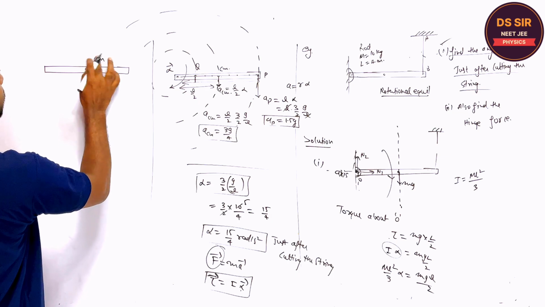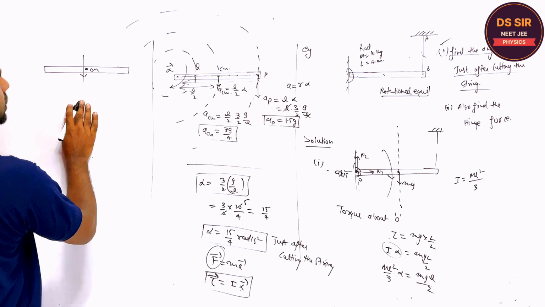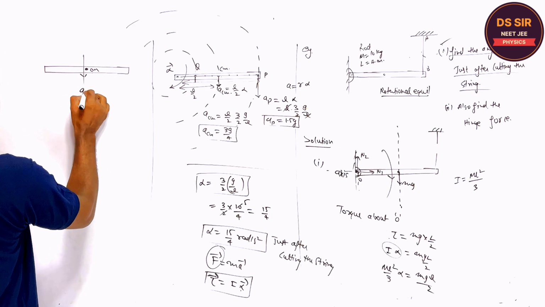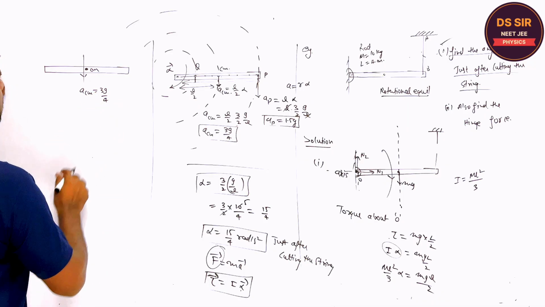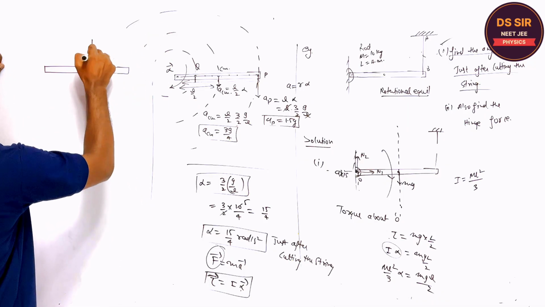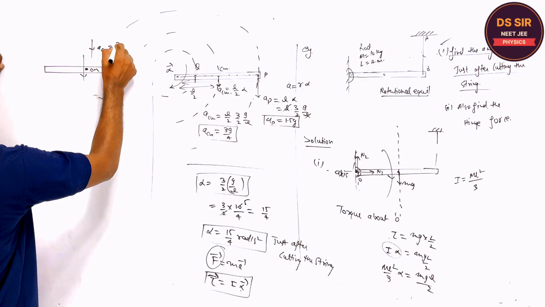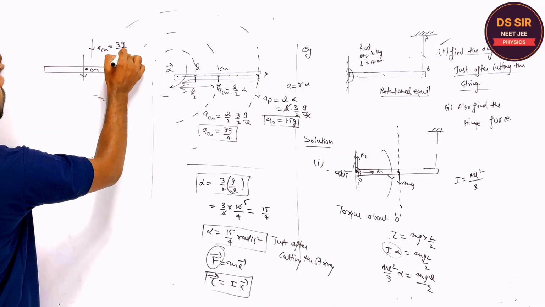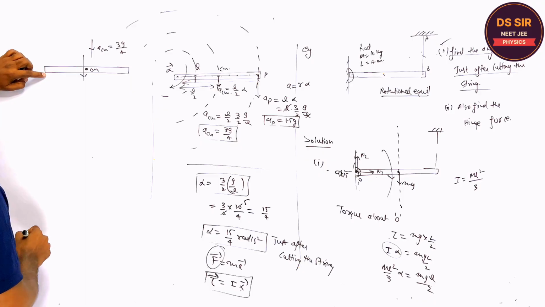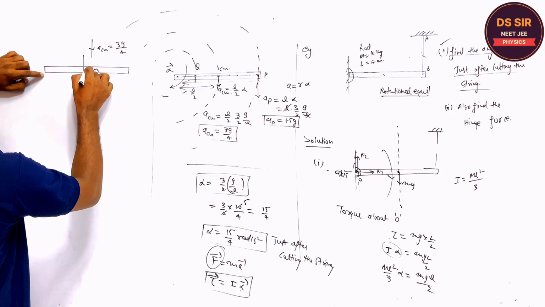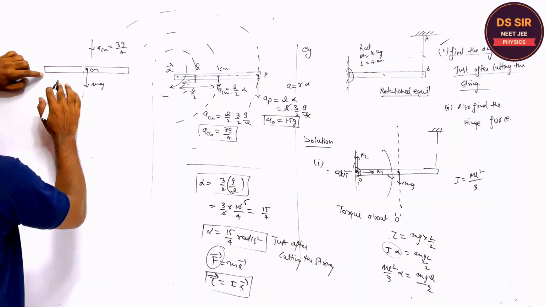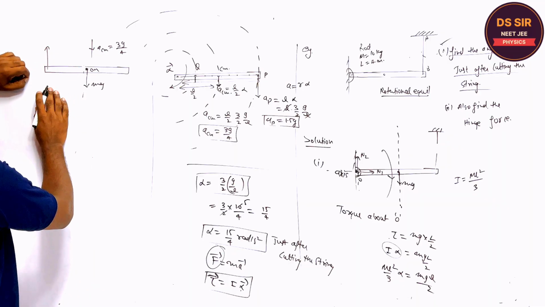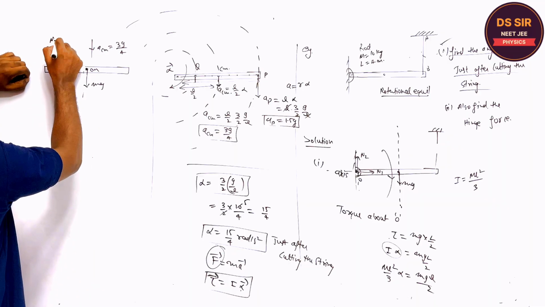In this direction, downward. I am writing here a_cm is equal to 3g by 4 in the downward direction. And can you tell me how many forces are acting upon this? The mg, and I assume this is N2 and this is N1.